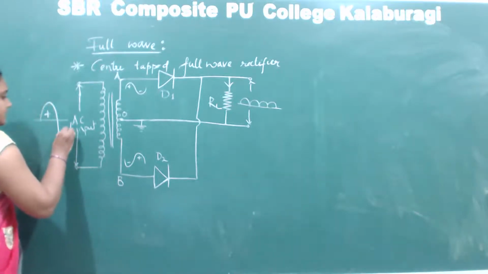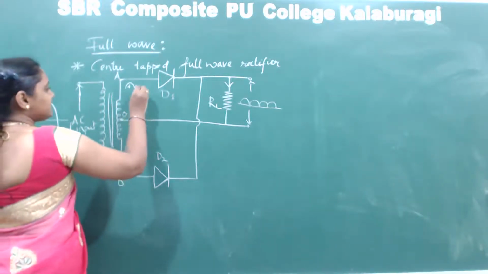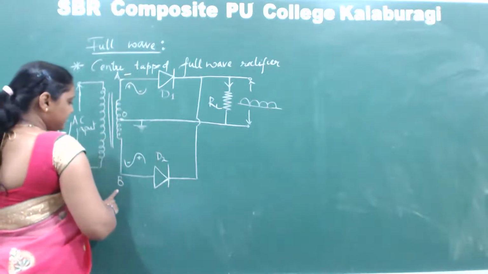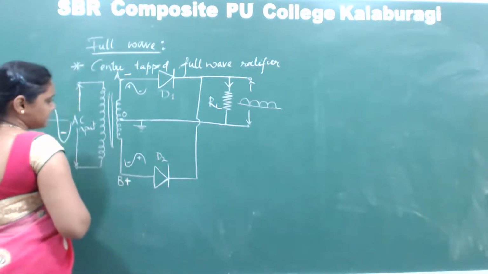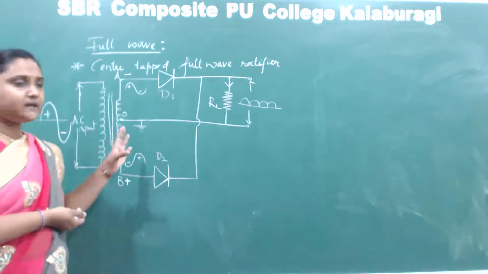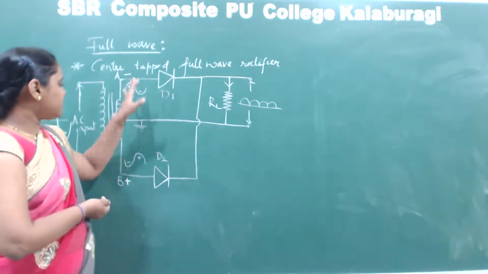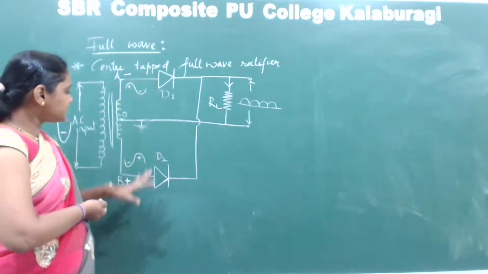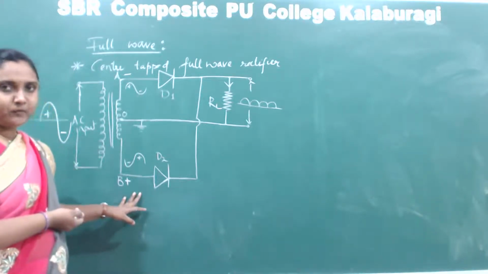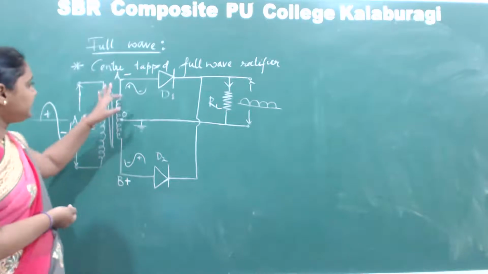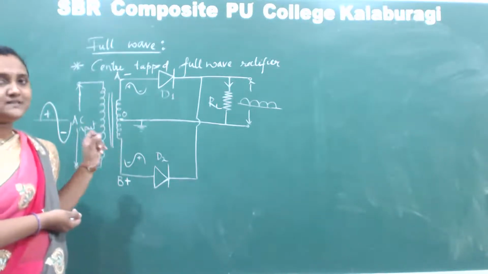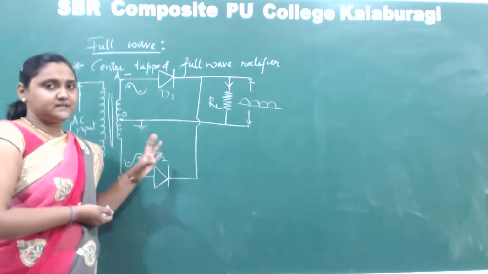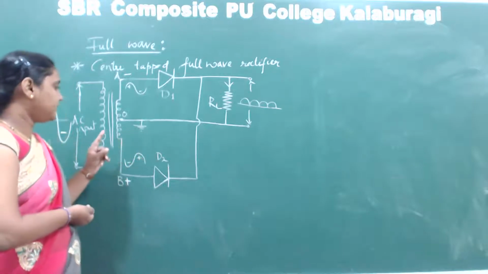For the negative cycle, this becomes negative cycle and this becomes positive cycle. Okay, so they are working alternately. When this is positive, this is negative. When this is negative, this is going to be positive. Okay, so A and B are just the opposite, but with same value of AC signal, that is Vm, right?